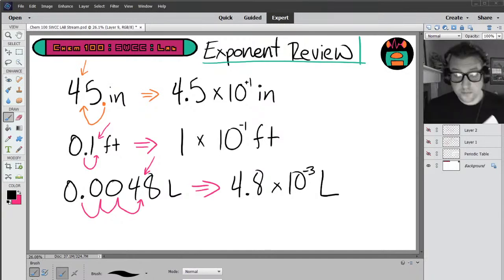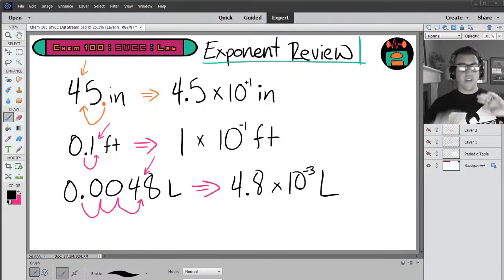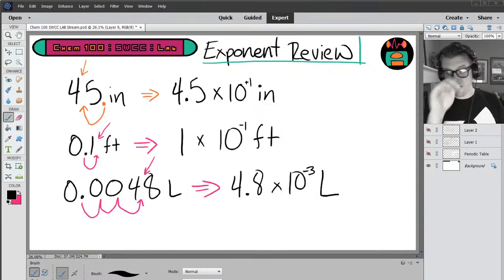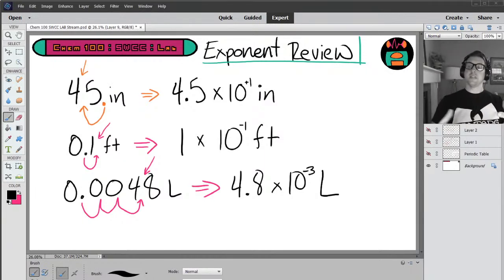So with problem 5, A, B, C, and D, you have to evaluate the correct answer. You have to do the multiplication, addition, subtraction, whatever they have for you, and then your answer needs to be written with the correct number of sig figs. Number 1, they ask you how many sig figs are in each number, but problem 5 is about evaluating. So we actually got to do the math for that one.